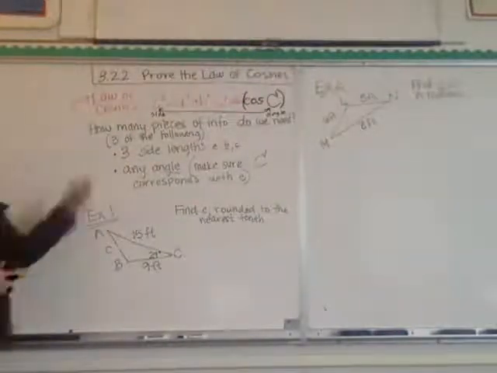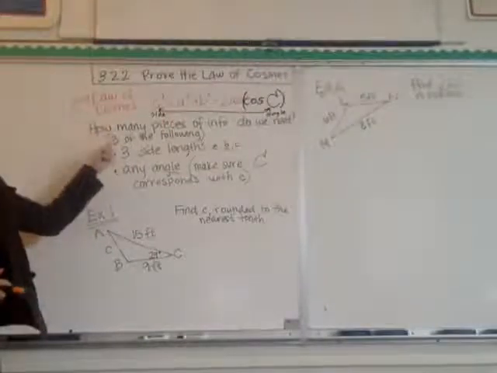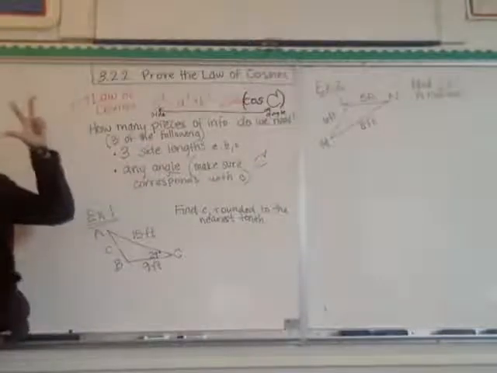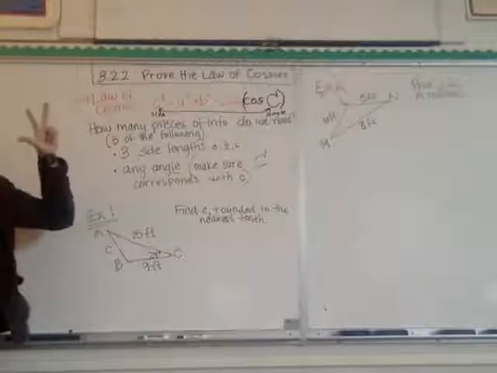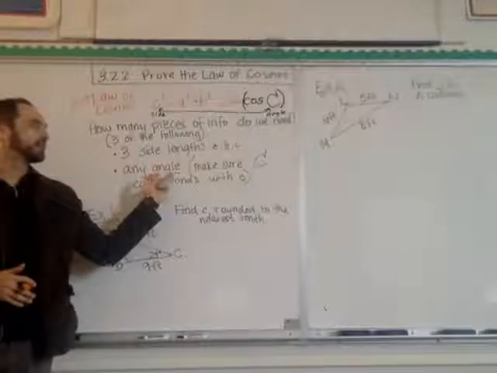In order to use this, you need 3 of the following. There's always 3 sides, but actually, that would be enough. 3 sides, or you can have 2 sides and the angle that corresponds.